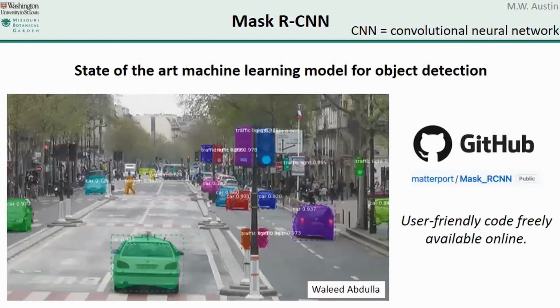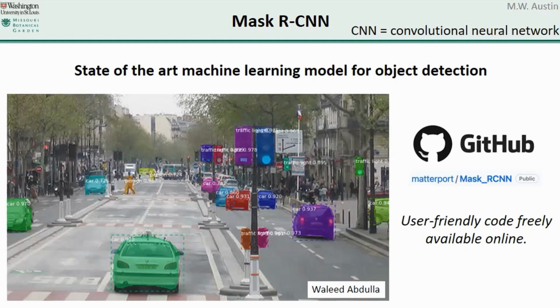So there are many types of machine learning algorithms. However, one type that has particular utility to herbarium imagery is one called Mask R-CNN. And CNN stands for convolutional neural network. Mask R-CNN is a state-of-the-art model for object detection and is handy because there is freely available code online that you can just go on GitHub and download.